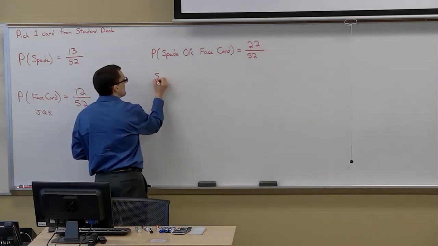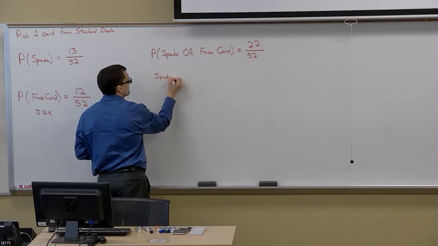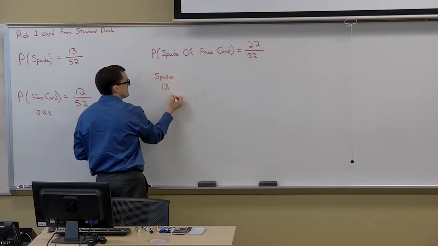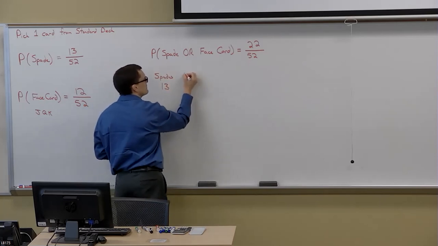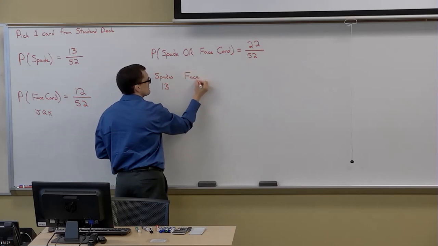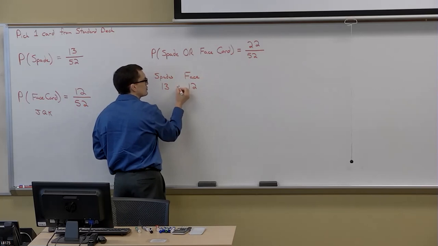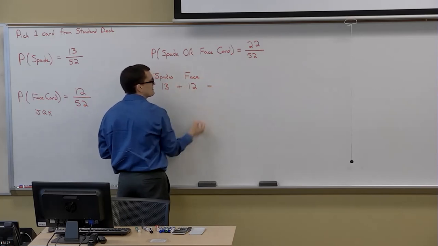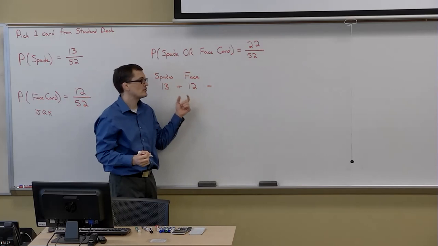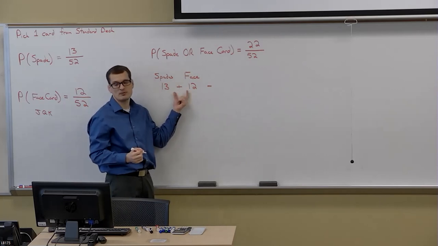So if you think of the spades, there are 13. If you think of the face cards, there are 12. And we initially want to add those, but we have to throw out all the ones that are double counted.